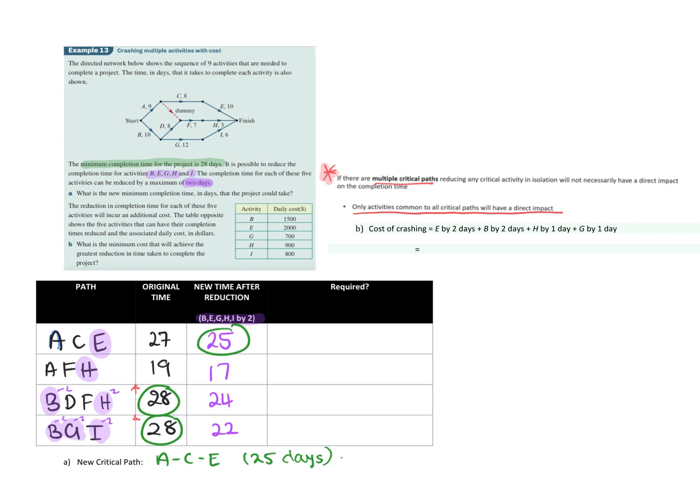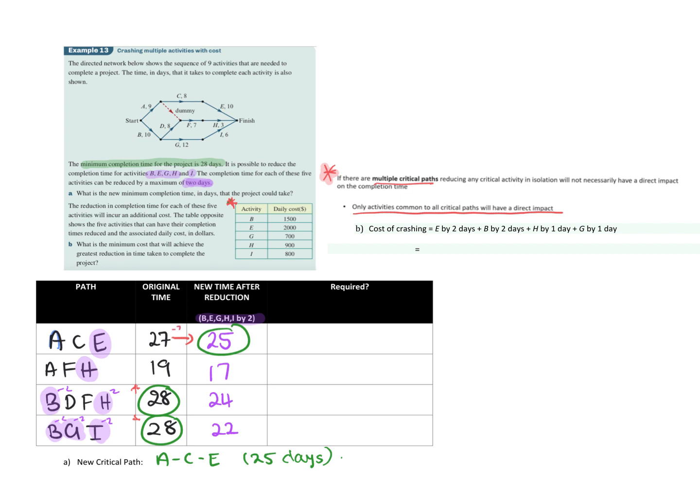And then it looks at, it says what will be the minimum cost that we can do this reduction in. So remember with the reductions, we've got some costing up here. And so this is what the activities cost, but first let's work out what we need to do. So remember the original times have to make it back down to this new one. So if I had to get 27 to 25, I've got a -2, don't I?